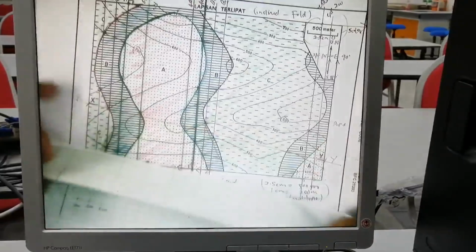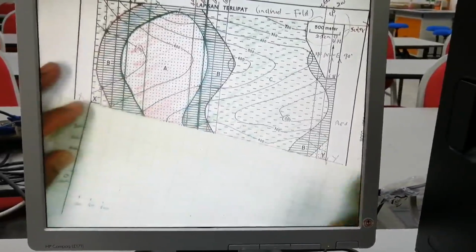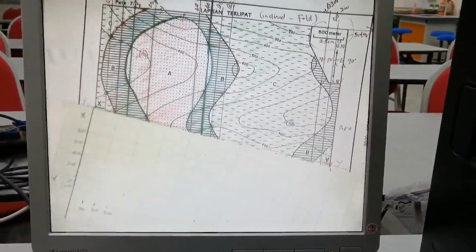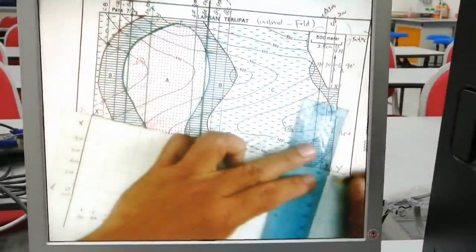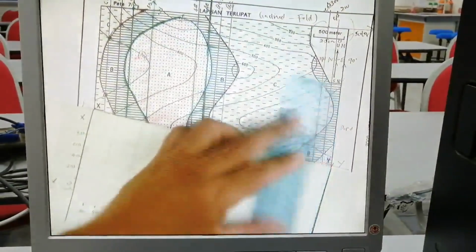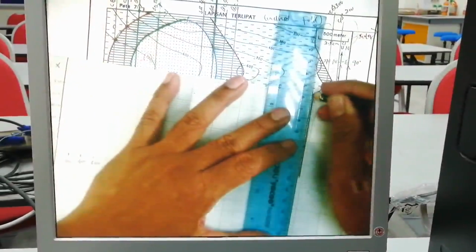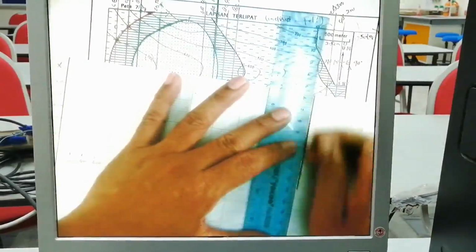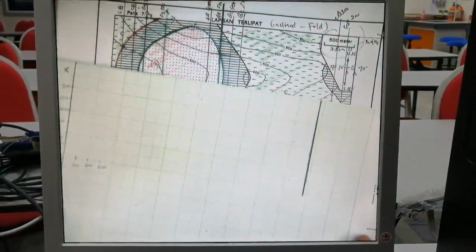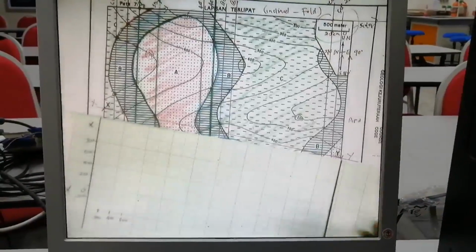I fold this paper because I want to see the line. So this is the Y. The Y is here.